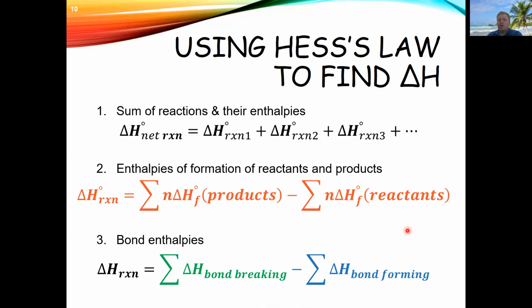If you can think through it logically and remember that forming bonds releases energy, breaking bonds requires energy, you can usually figure this out. But if you feel like you're not going to be able to remember that logic, then just remember that for summing the formation enthalpies, you're doing products minus reactants. If you're breaking and forming bonds, you're doing reactants minus products.